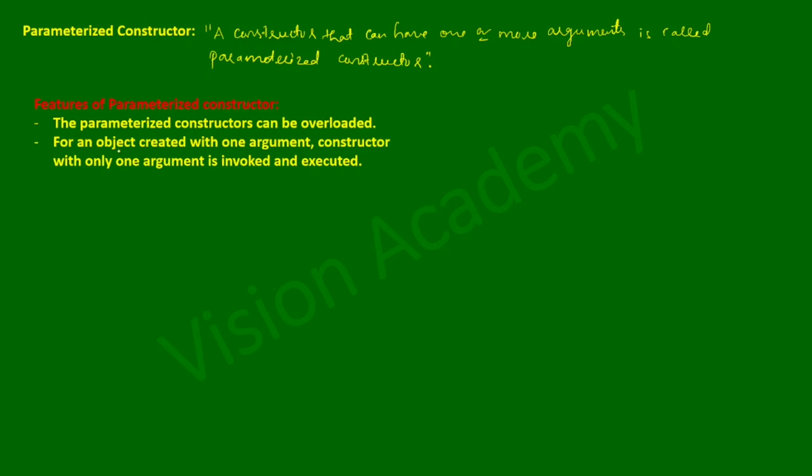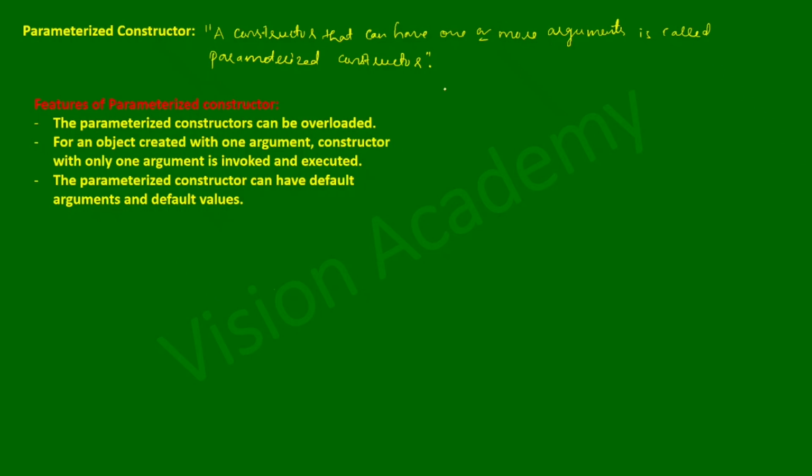Second feature is for an object created with one argument, constructor with only one argument is invoked and executed. Whenever we create any object with only one argument, then the constructor must have only one argument and it has to get executed. The third one is the parameterized constructor can have default arguments and default values.